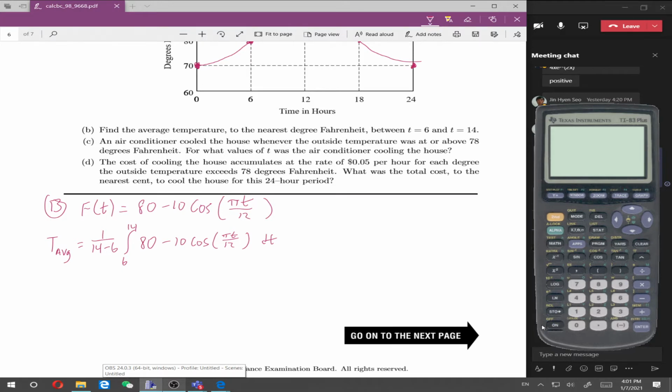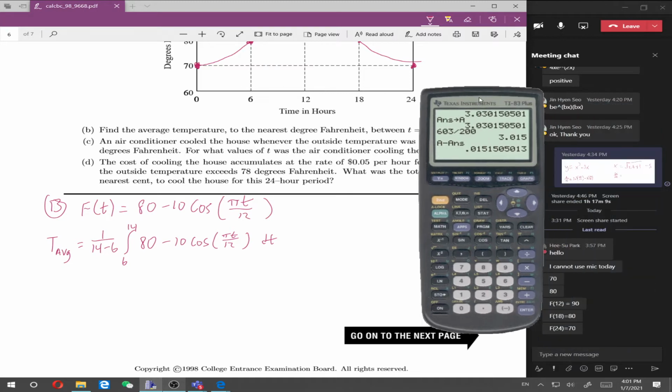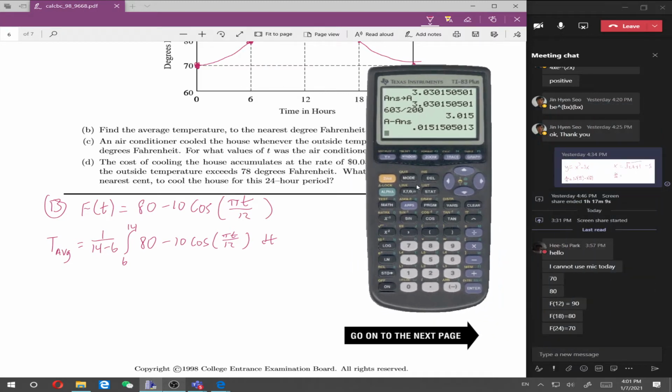There we go. Okay, so I'm just going to type our formula in here, I think, so that we can use it later. I've got 80 minus 10 times the cosine of pi t over 12. Double check, we are in radians.